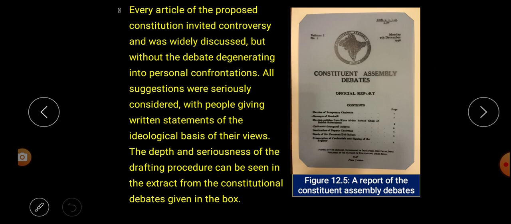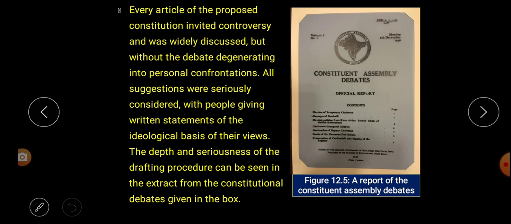So what happened? The depth of seriousness of the drafting procedure can be seen in the extract of the constitutional debate given in the box. That means what depth and serious discussion took place for making the constitution, that we can see from the box. So in this paragraph it says that all the articles proposed to the constitution invited controversy, and were widely discussed, but without the debate degenerating into personal confrontation.